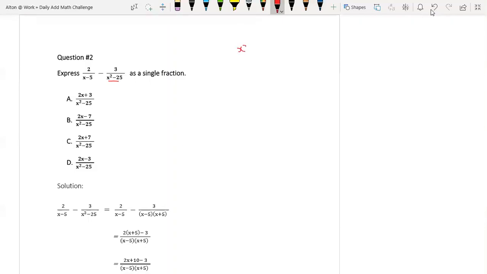Now, x squared minus 25 is an example of the difference of two squares. So I'm just giving you the general expression, and this is the same thing as x plus y by x minus y, or you can write it the other way around, x minus y by x plus y.